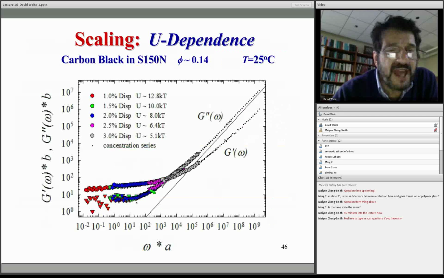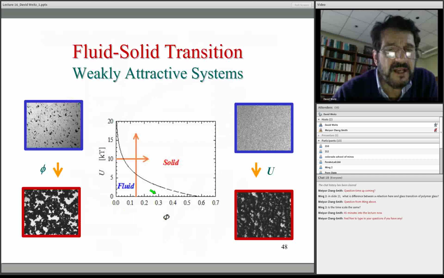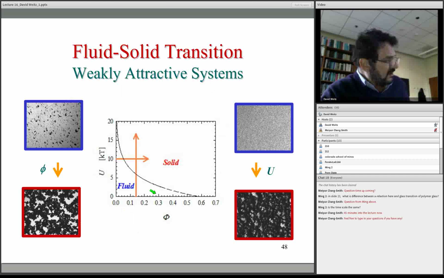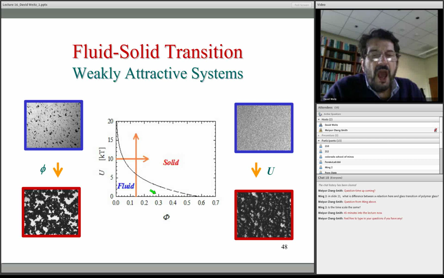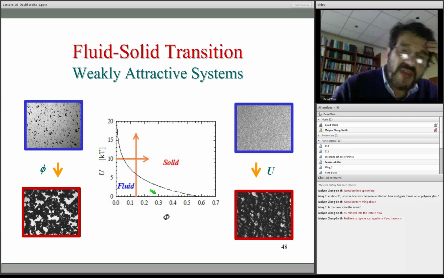When you do that, you get this kind of behavior, and the take-home message of this is that you can define a characteristic value, of either energy or volume fraction, where you cross over from fluid-like behavior to solid-like behavior. And so that's shown here.